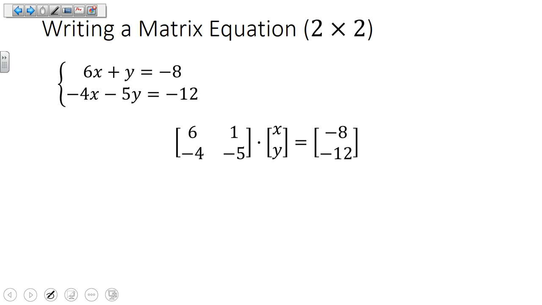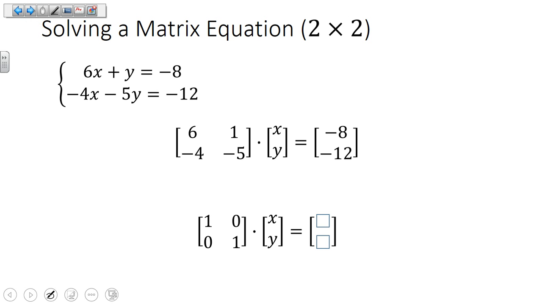Now let's talk about the idea behind what this matrix equation will do for us, and then we'll talk about how to actually get there. So if I had the identity matrix in front, if instead of 6, 1, negative 4, negative 5, I had the identity matrix 1, 0, 0, 1, well, in those two boxes would be what x equals and what y equals.